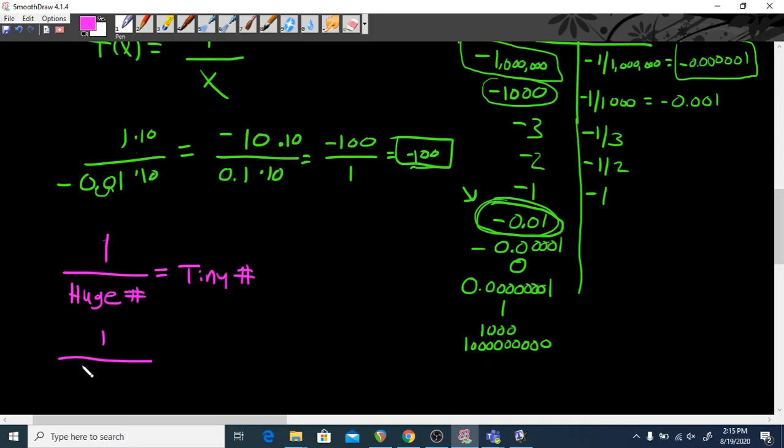Likewise, 1 over a tiny number, as we have witnessed, is going to give me a huge number back. Keep that in mind as you move forward in life, because understanding how this little stuff works really helps your number sense. And number sense is a good thing to have in modern times.